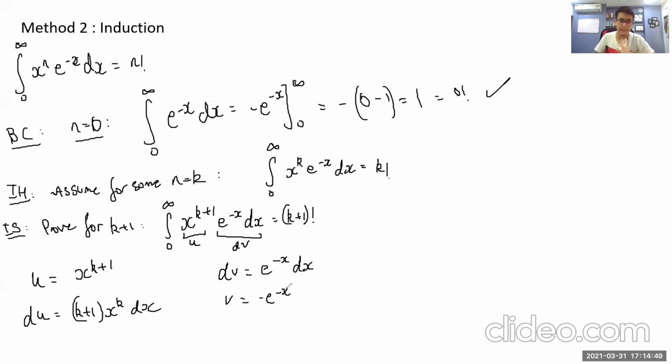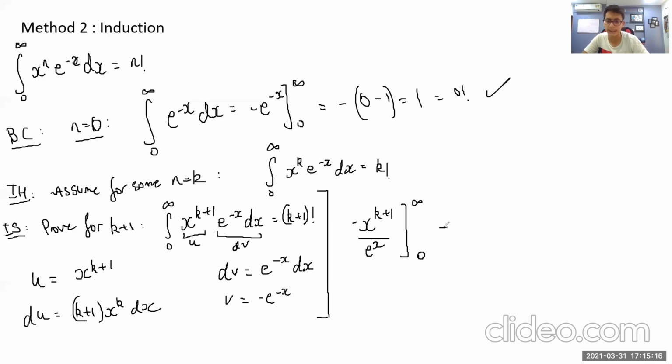Okay. Now what we do next is just substitute it, and we do uv minus integral of v du. So uv is going to be evaluated at the bounds of integration. Just going to write it like that. Then at the end we subtract integral v du.